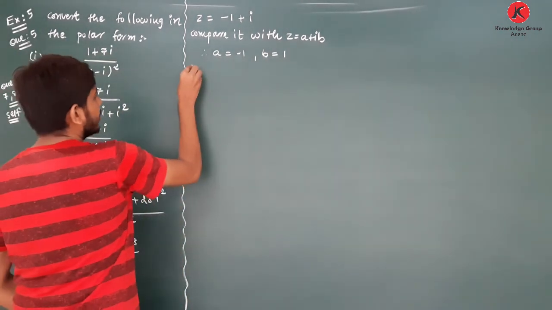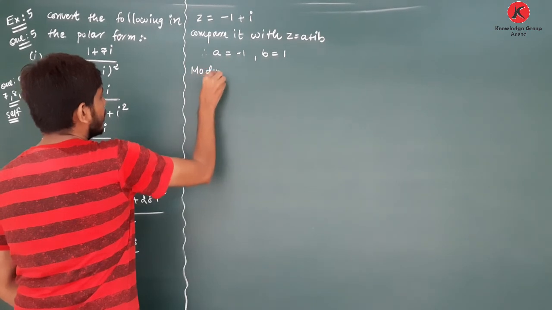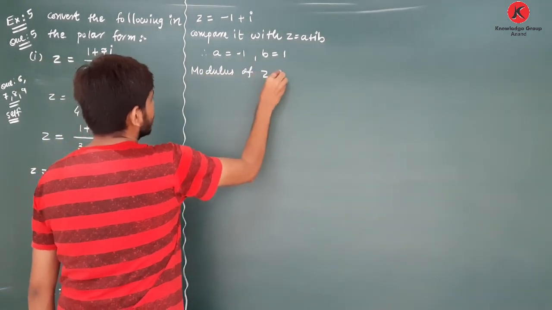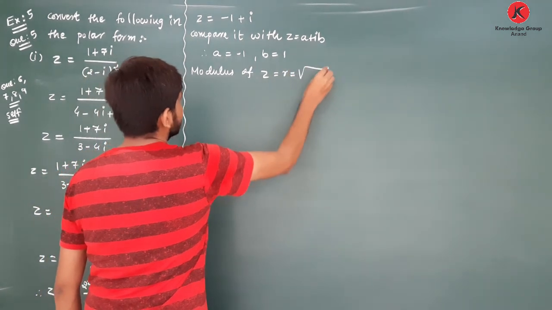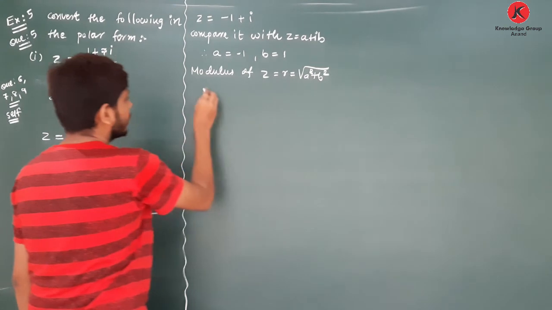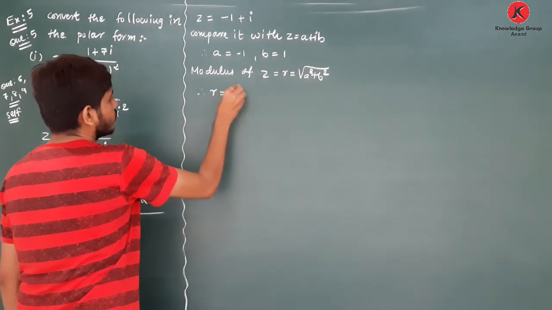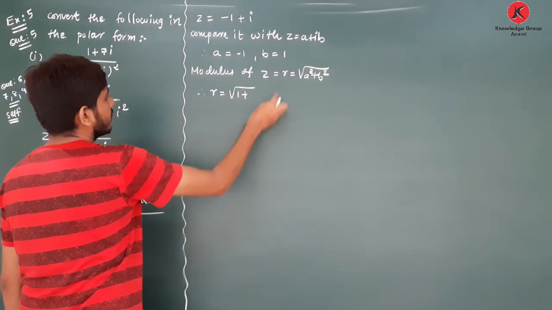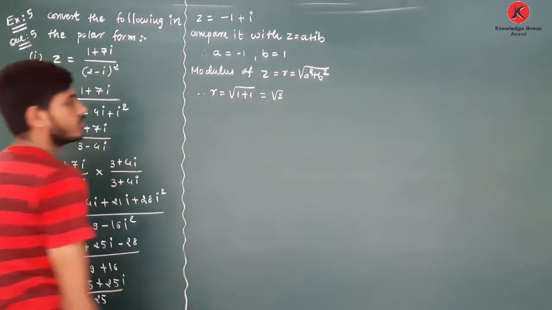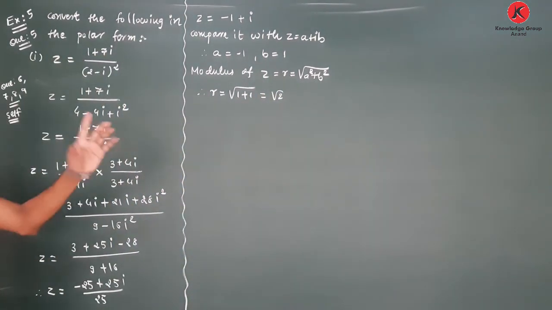Now find the modulus of z. The formula is r equals under root a square plus b square. Therefore r equals under root of (minus 1) square plus 1 square, which is under root 2. r equals root 2.